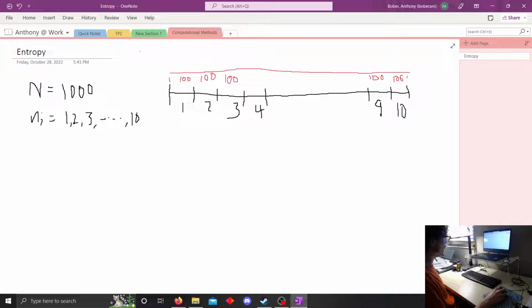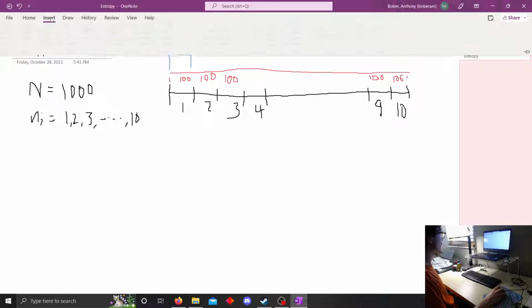This is one possibility. Another possibility is that maybe everyone in the class is really bad, so everyone got a 1, and we have 1,000 here.